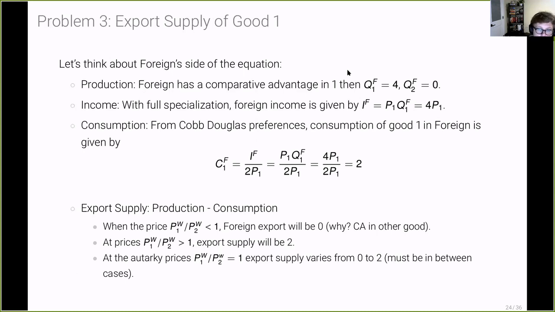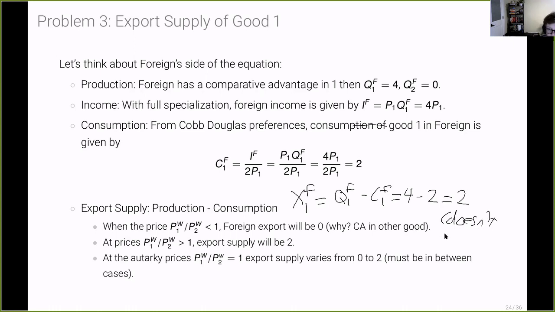So basically here, let's try to figure out what foreign's export supply of good 1 is. Foreign's export supply is going to be given by its production minus its consumption. And so if its production is 4 and its consumption is 2, then it's equal to 2. But note that this doesn't depend on price.